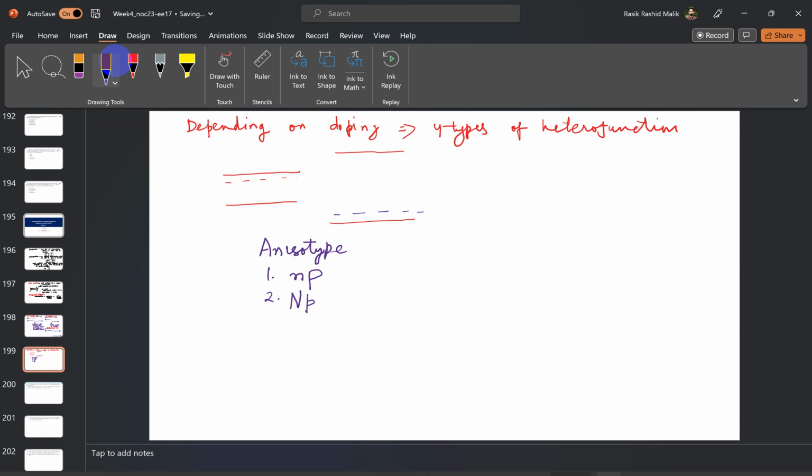So here the capital letters indicate the larger band gap material. So I will write it here, capital letter for wider band gap material.